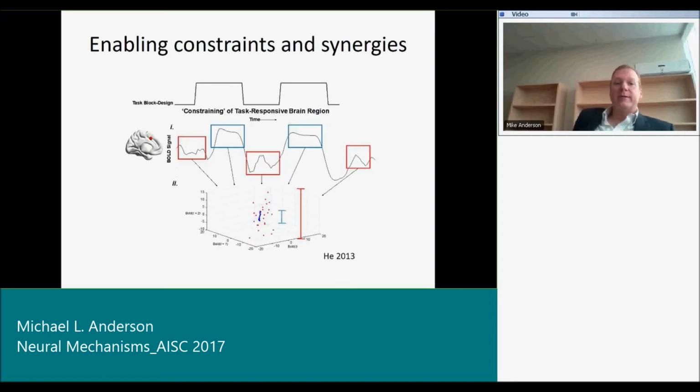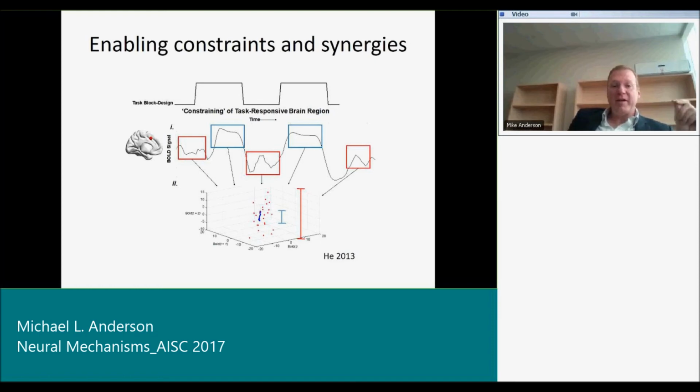We see something similar in the brain. The idea here is along various functional dimensions, and they're just showing three. When you're off task, the state of the brain can be in any of those red places. You can see a large cloud of possible locations in a functional space. When the brain is on task, it instead occupies that blue region, a much more constrained location in a functional space.